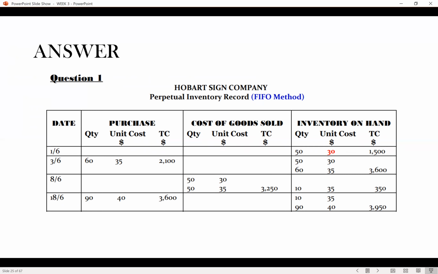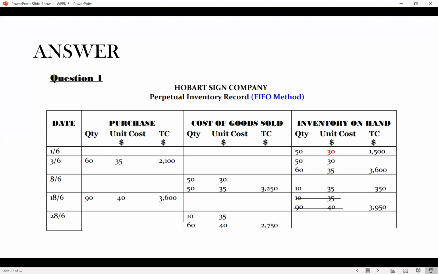We're using the first in, first out method. So we look back at our inventory on hand, and we realize that the first set of goods that we have is 10 at 35. Yes, we sold 70, but the first set that we're going to give out is this 10 at 35. But we now need 60 more. So what we're going to do is take 60 from the set that we have with 90, the next set.